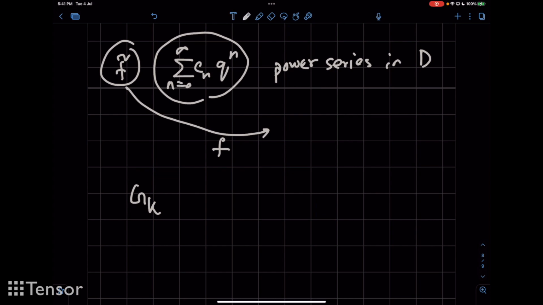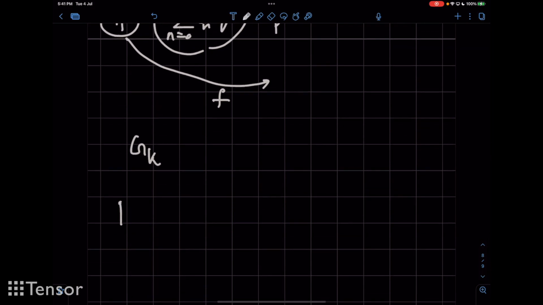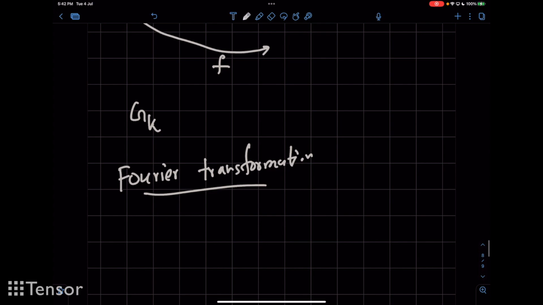We'll jump into that, but before that, we need some background on Fourier transformation, and we'll derive the Poisson summation formula. Then we'll get back to the q series expansion of Eisenstein series.